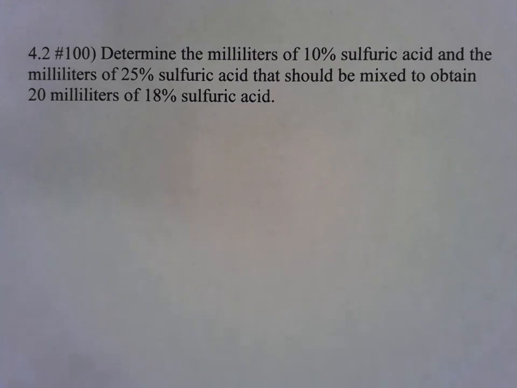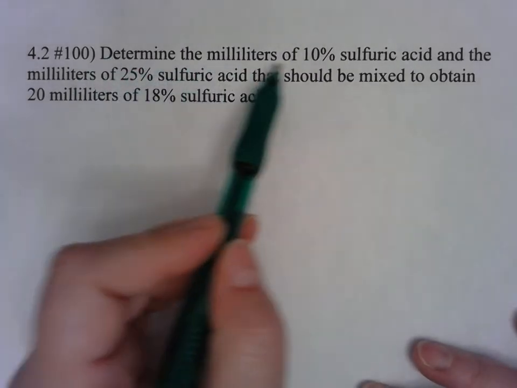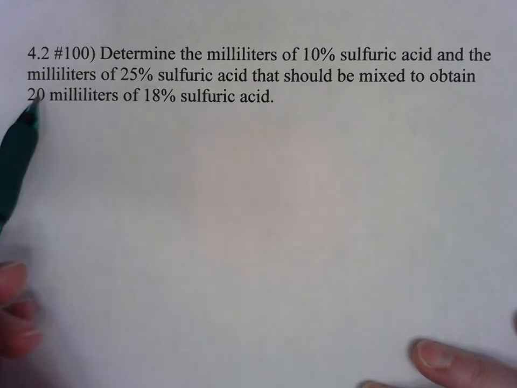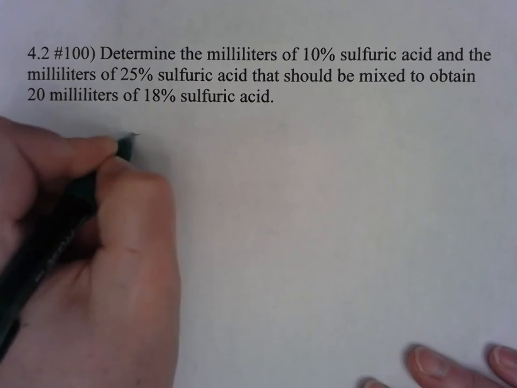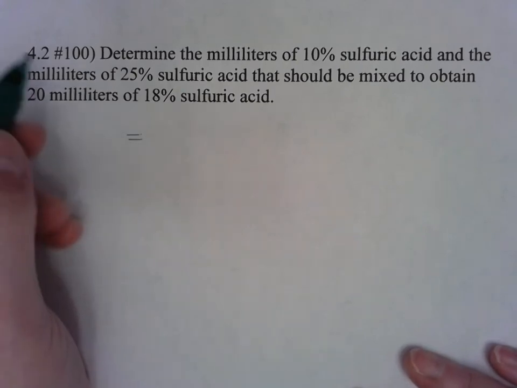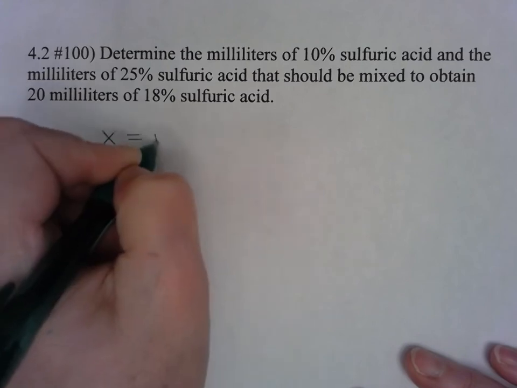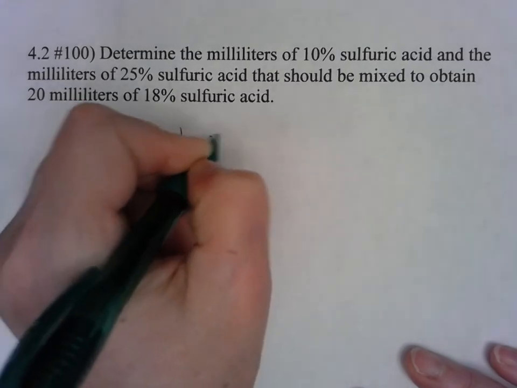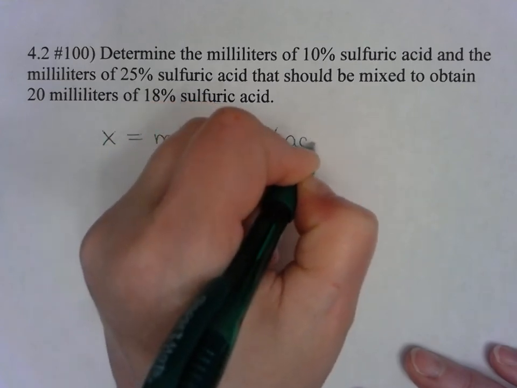Okay, so there's actually two things we're trying to determine, right? How much 10% and how much 25%. So let's set that up. We need a variable, let's say x, to represent the milliliters of 10% acid.